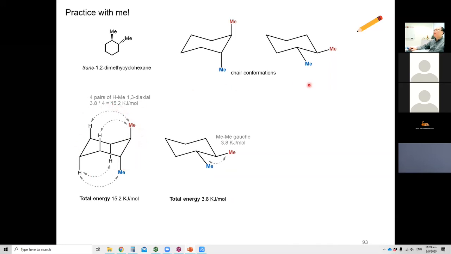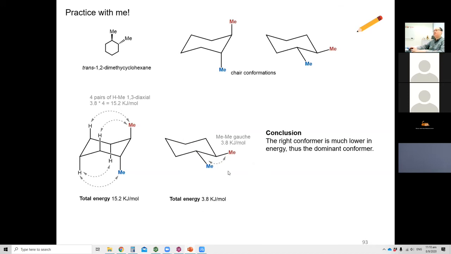Now if you put both of them in the equatorial position, you don't have axial interactions anymore, because all the axial positions are occupied by hydrogens, and the hydrogens do not have a 1,3-diaxial interaction with each other, so 0. But you have one pair of gauche interaction, because the dihedral angle between this methyl and this methyl, if you look in this direction, is 60 degrees. So you have 3.8. The total is also 3.8.